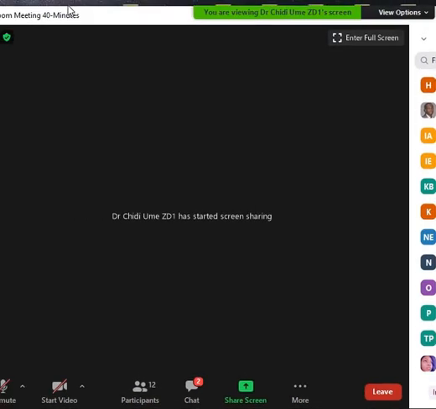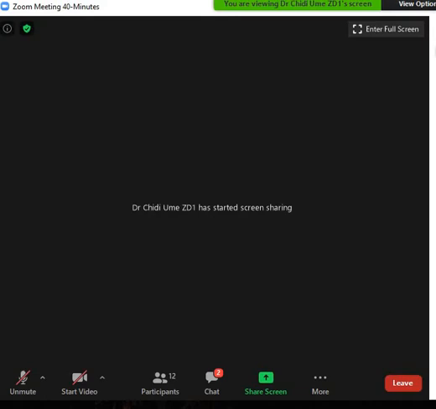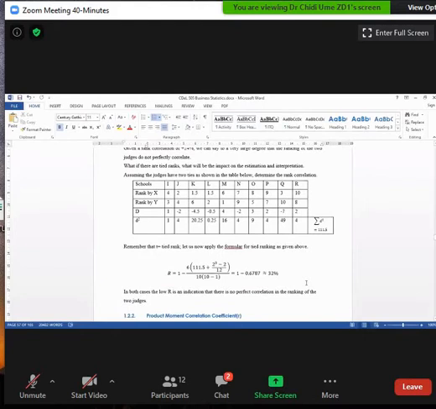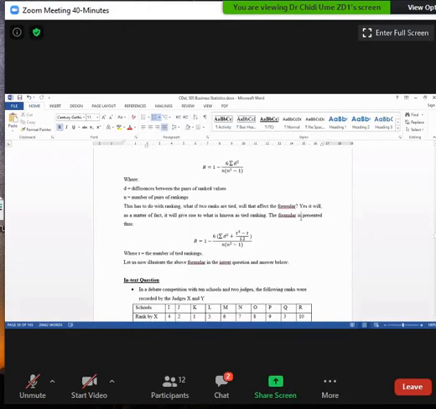Interpreting rank correlation. Interpretation is simply the higher the correlation coefficient, the more the agreement between the two rankings. Like in this question, we have the first one.